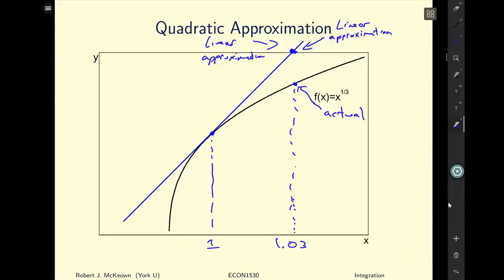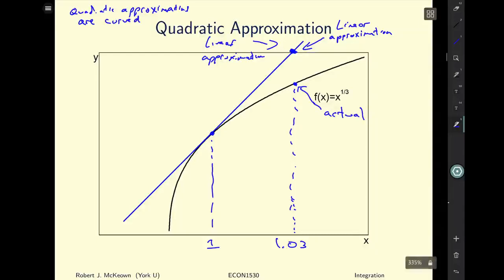And where would the quadratic approximation go? What would it look like? Quadratic approximations are curved, because the second derivative is involved and it's changing the approximation.